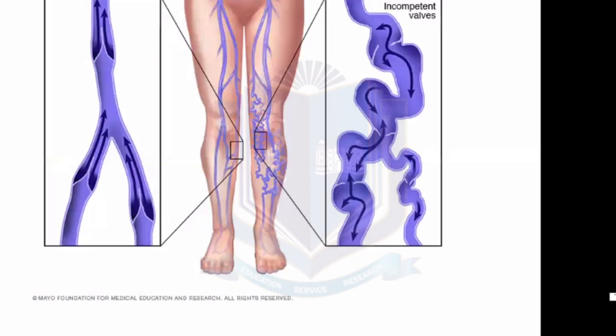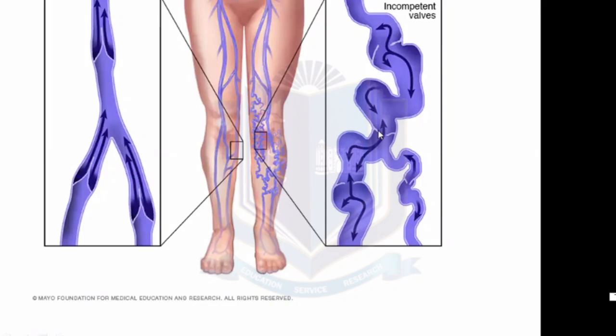Okay, so when you compare these two, on the left side is a normal condition in which the blood is flowing back normally and is guarded by the valves. But if these valves become incompetent, which are connecting the superficial and deep veins, then the blood would get turbulence.